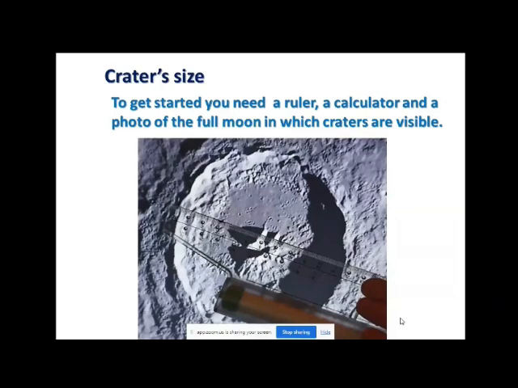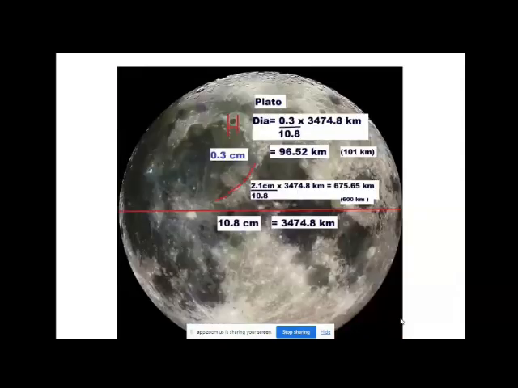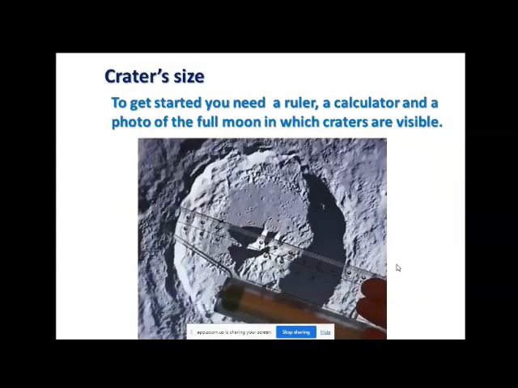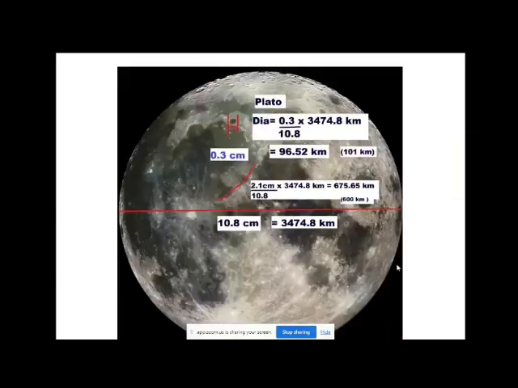So here I have illustrated this, and this is my own calculation. There is a full moon image. Just put your scale or ruler in front of a crater and in front of the whole moon.